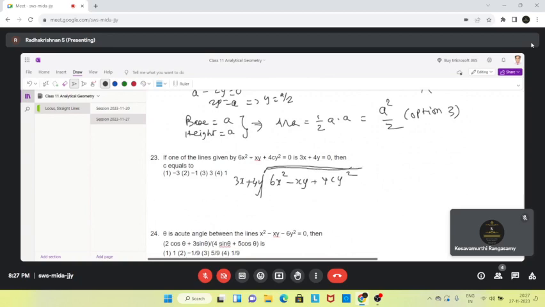So what is that other factor? So you put 2x, 6x square plus 8xy, right? So subtract, you get minus 9xy plus 4cy square.